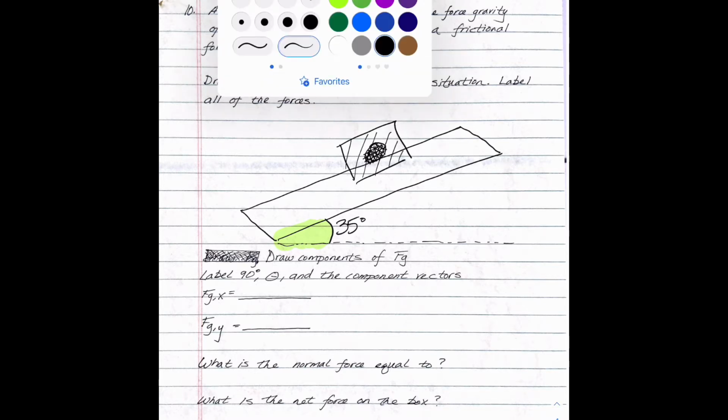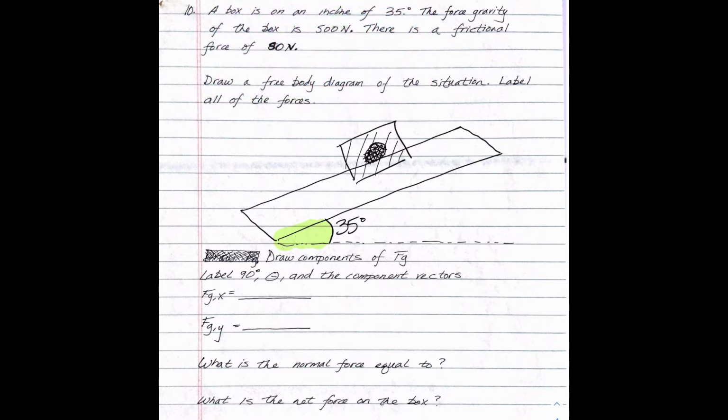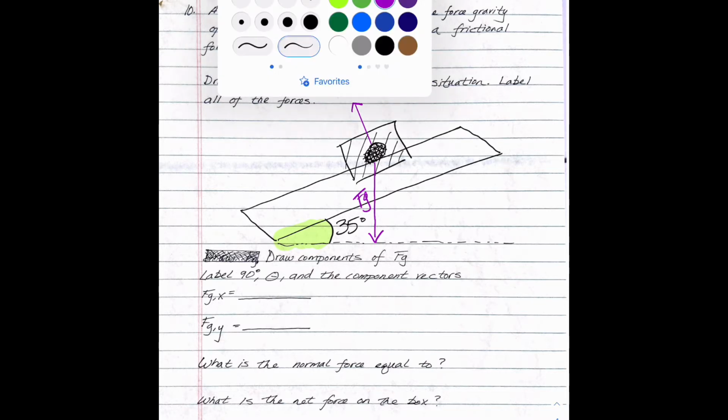And then go ahead and label some forces, right? So we know that if this box is just sitting here on this incline, there's got to be a force of gravity, and it's got to point straight down. There's got to be a force from the incline pushing back on the box, and this is going to be force normal. It's going to point normal, or 90 degrees to the surface. Here's the surface, this inclined plane.